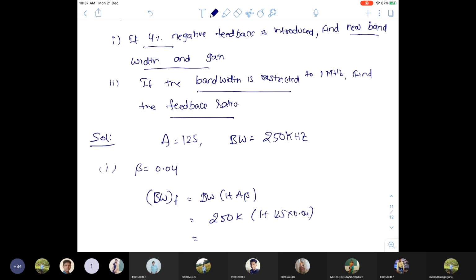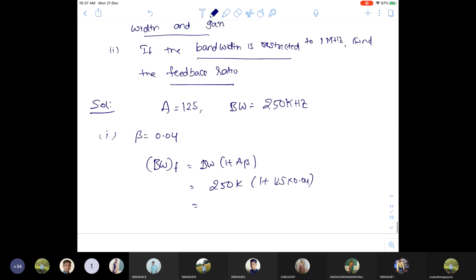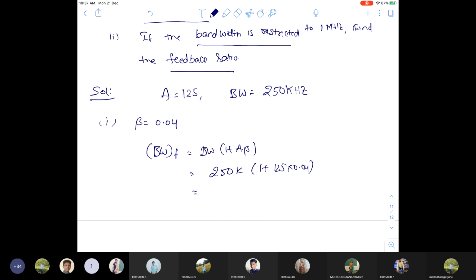How much will you get? 1500K. Yes, that is 1.5 megahertz. Next, the new gain. What is the formula?